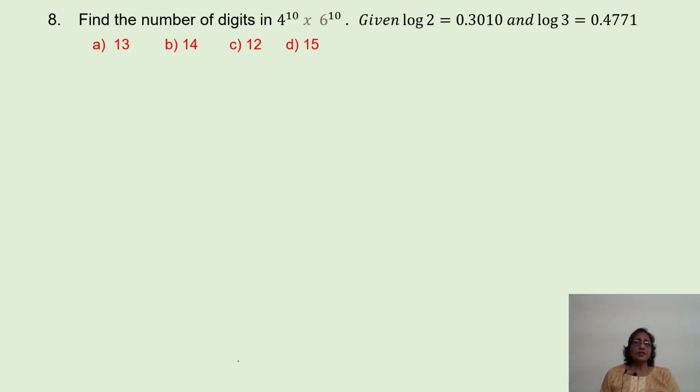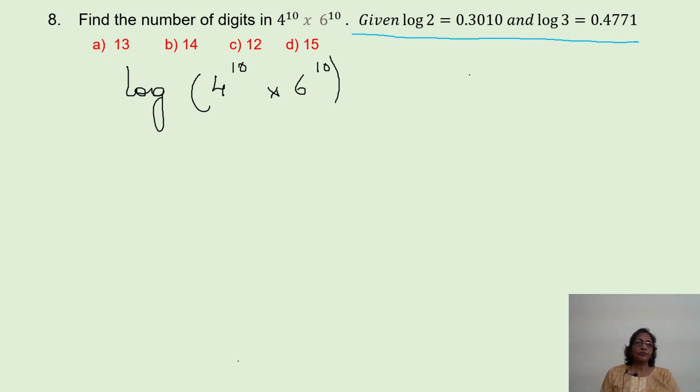Find the number of digits in 4 raised to 10 into 6 raised to 10. Now you are given two values here and the two values that are given are log 2 and log 3. That means we need to use these values in our given sum. Okay. So I'm going to take the logs of 4 raised to 10 into 6 raised to 10, which I can put as log of 2 raised to 2 into 10.